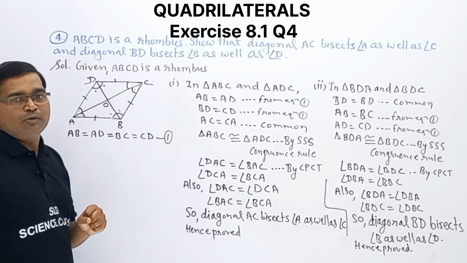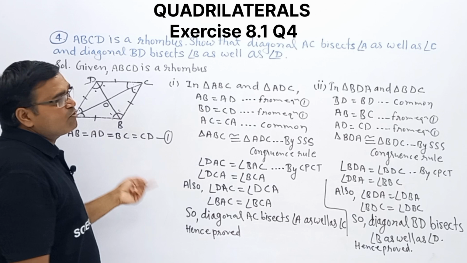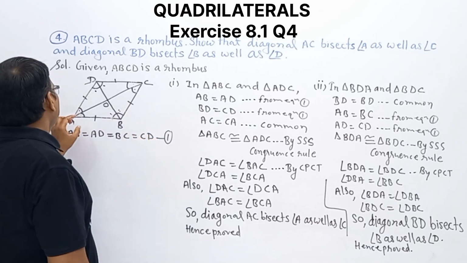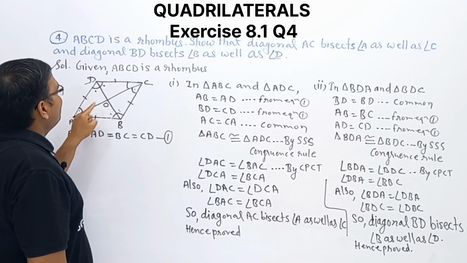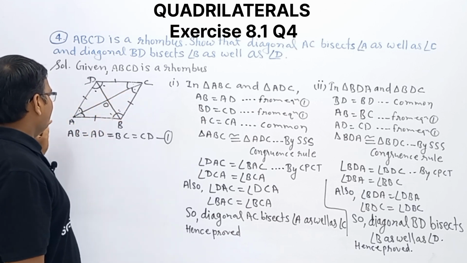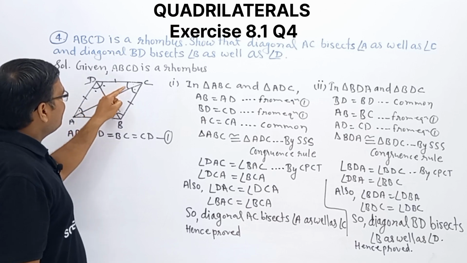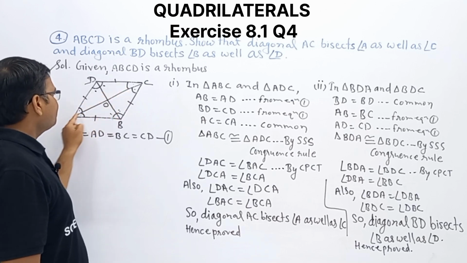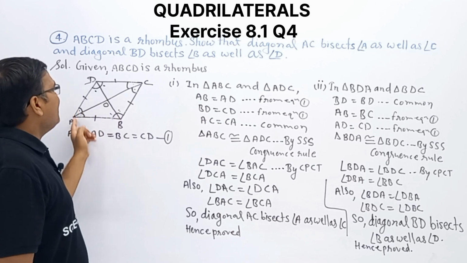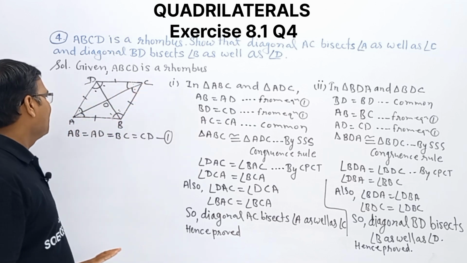Once we prove the congruence, then corresponding parts of these triangles will be equal. So this angle equal to this one and this angle equal to this one. Finally we can say diagonal AC is bisecting angle A as well as angle C.